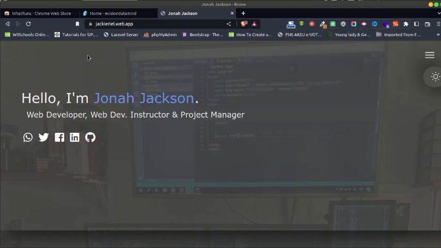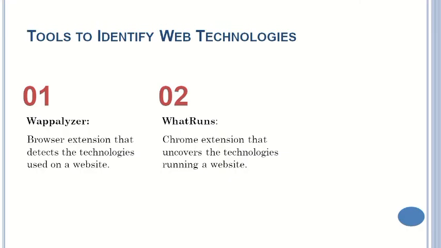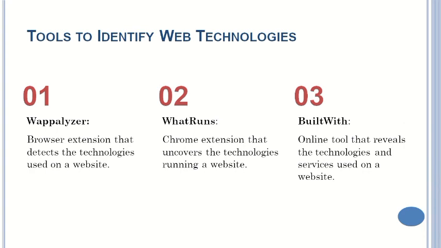So let's go back to the third extension, which is BuiltWith. This is another extension that you can use to unveil the various technologies that a particular website is built with.